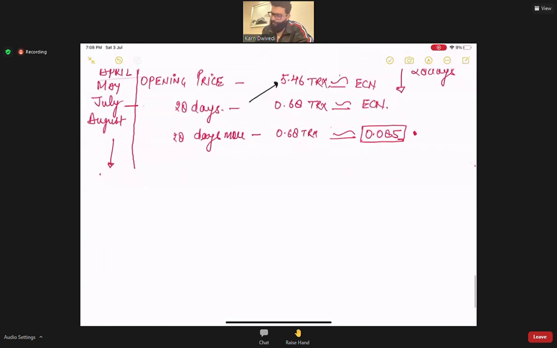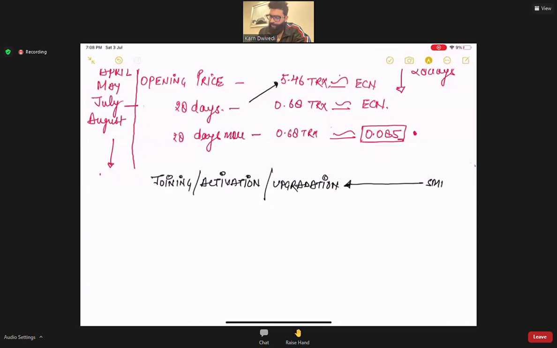So let's say, now talk about business, joining, activation. Upgradation. Okay, and many of the people have their SMB already going for upgradation.